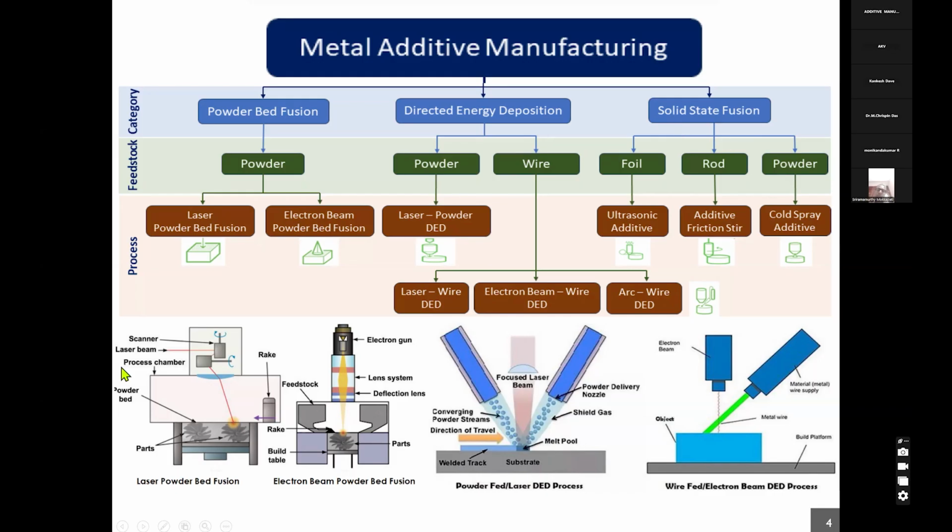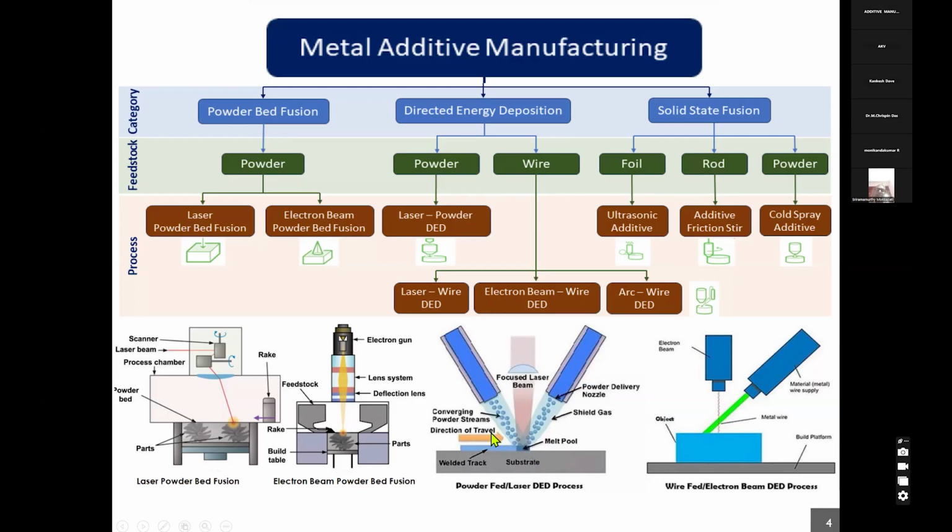So these are the various schematics of a laser powder bed fusion, electron beam powder bed fusion, and laser DED process. You can see here, in the case of powder bed fusion, all the process happens on the bed, whereas in the case of directed energy deposition, it happens in the form of a powder spray, and there is a coaxial laser beam coming and melting the powders being sprayed, which melt and deposit onto the substrate.